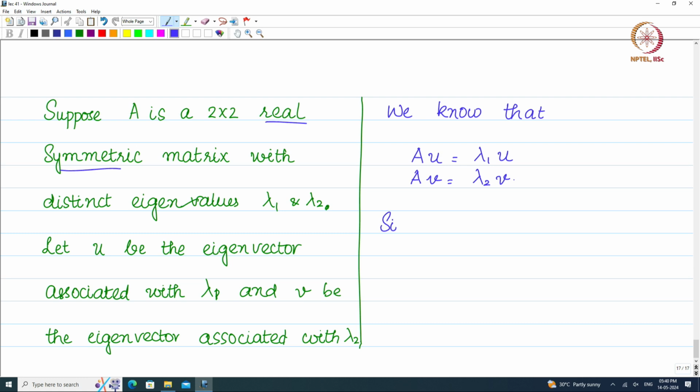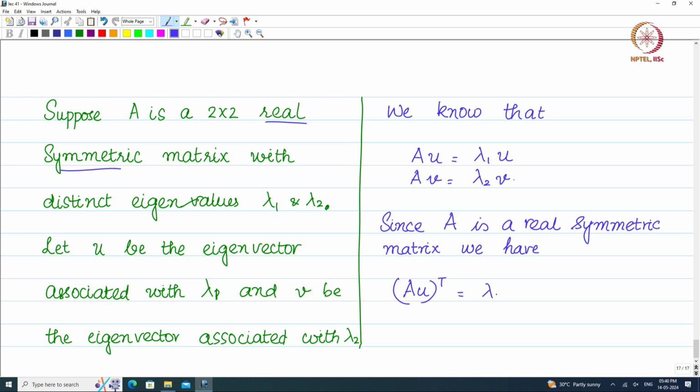So, (A u) the whole transpose is nothing but (lambda 1 u) the whole transpose, which implies u transpose A transpose is equal to u transpose lambda 1, which is the same as lambda 1 u transpose, right.